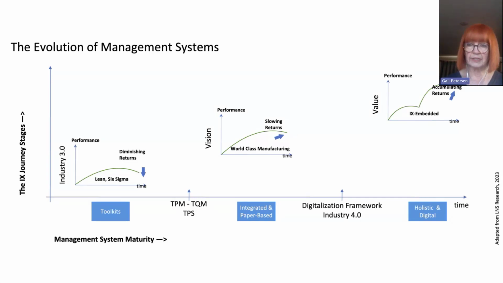We've got digital twins. And what we have now is a holistic and digital approach. We've got best of breed. We've got agility. We've got industrial transformation, and we have faster time to benefit. So all of a sudden, we're getting accumulating returns rather than diminishing or slowing returns. Next.